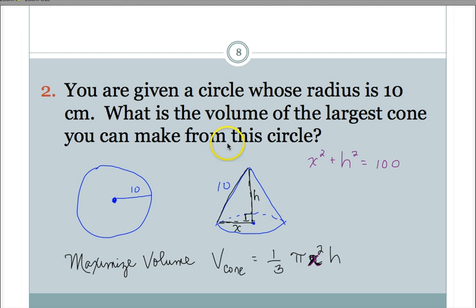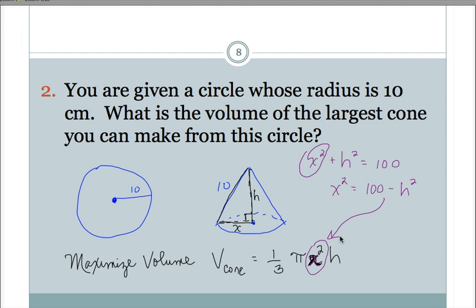Well, I have x squared right here, and right here, so maybe I could just do x squared equals 100 minus h squared, and then put that right into there. Now everything will be in terms of h.